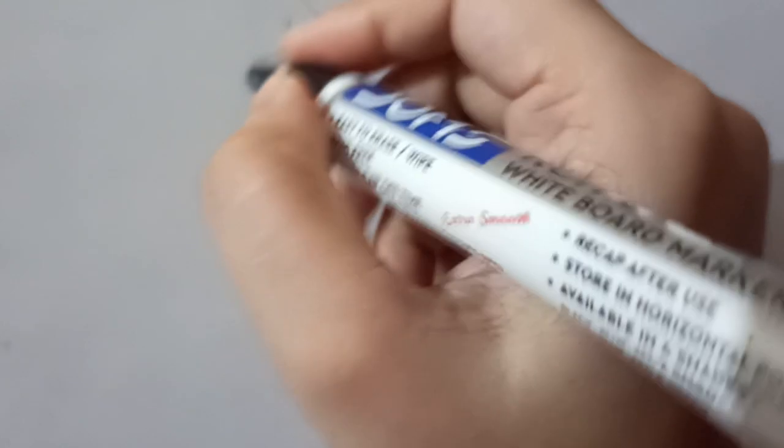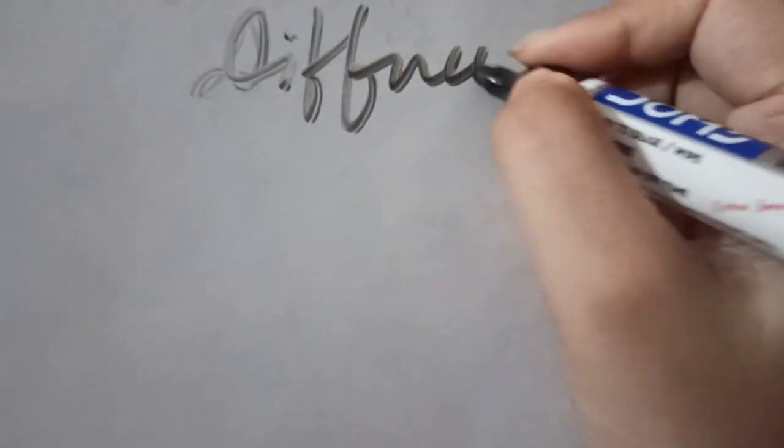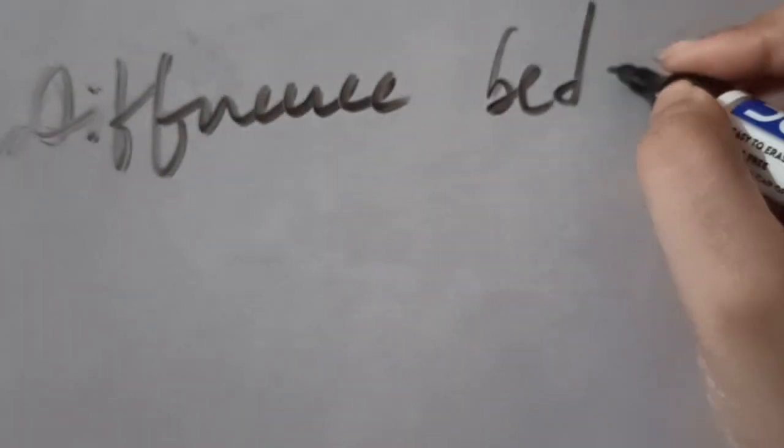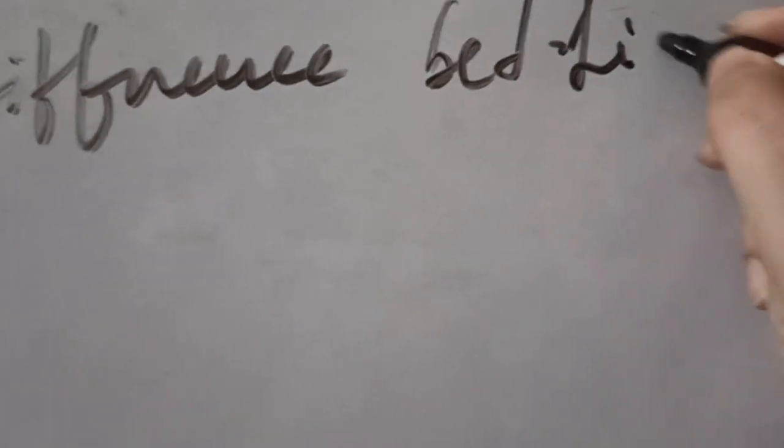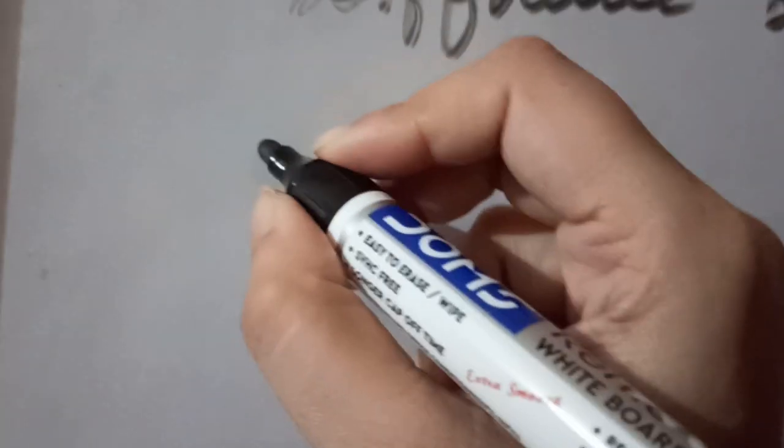So the difference between high tide and low tide. The high tides do not occur regularly every 12 hours.